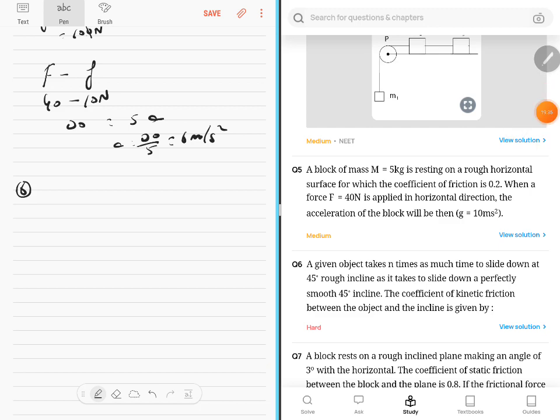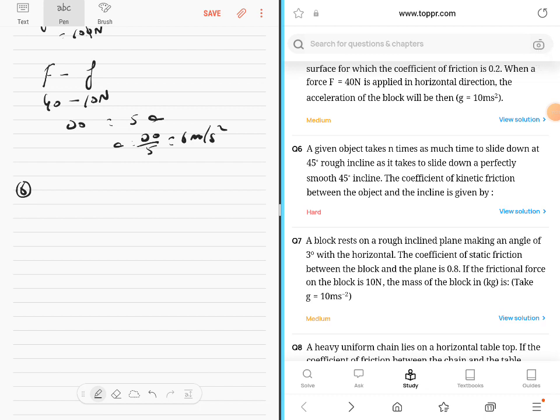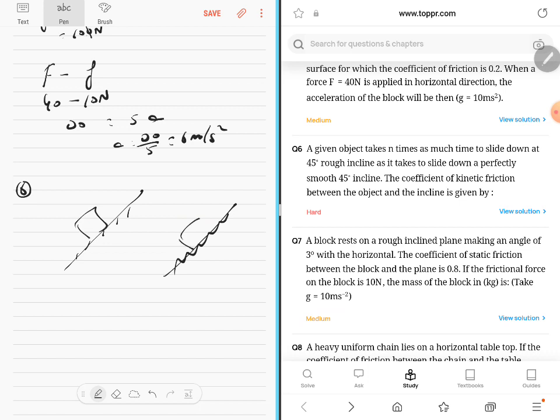Next is the 6th question. A given block takes n times as much time to slide down a rough inclined surface. So there is a rough inclined surface and a smooth inclined surface, and this is smooth. So smooth you have here and this is a rough inclined surface, and you have a block here and here, but in the rough surface obviously you will have a frictional force which is acting in this direction.